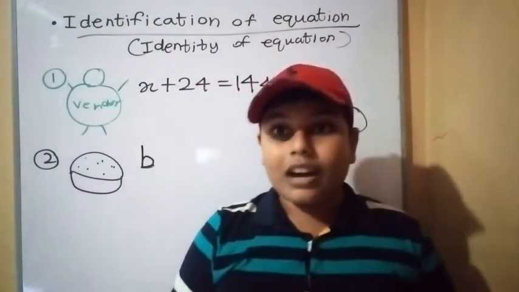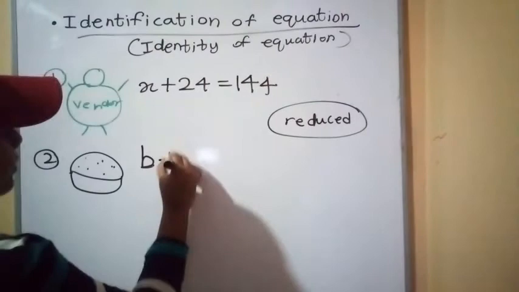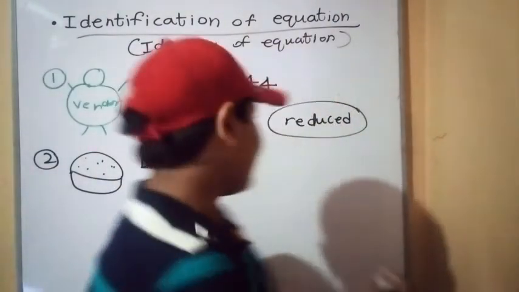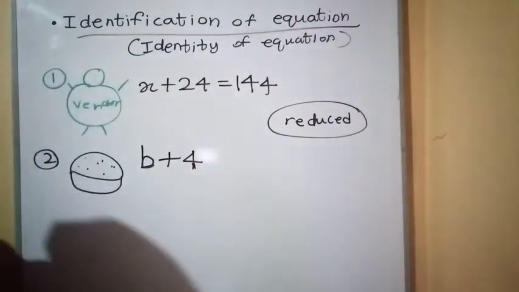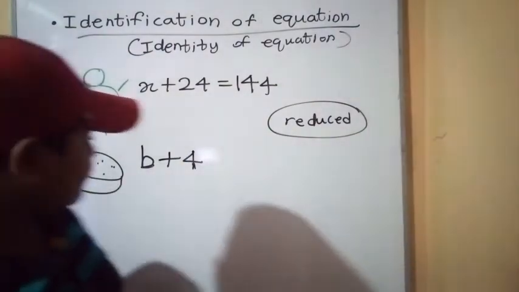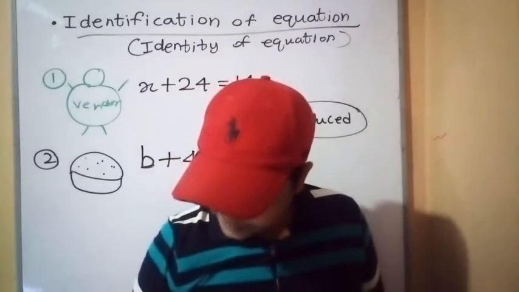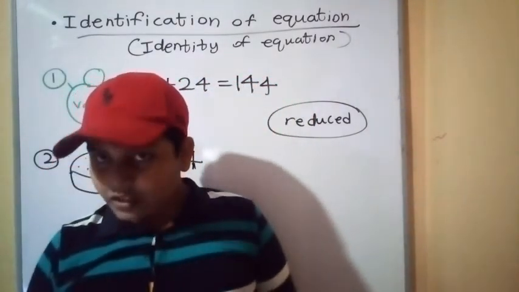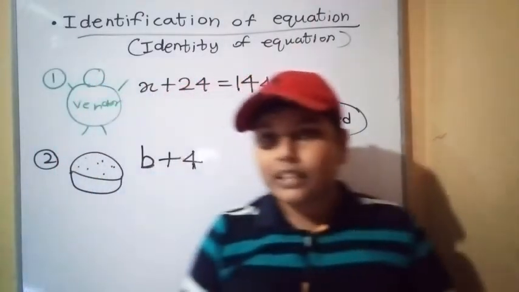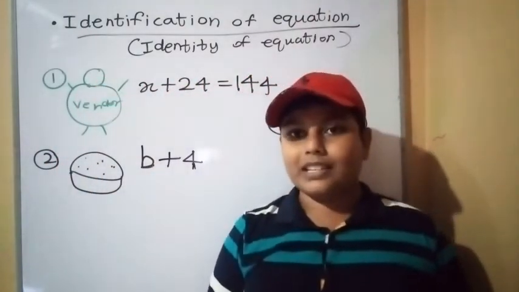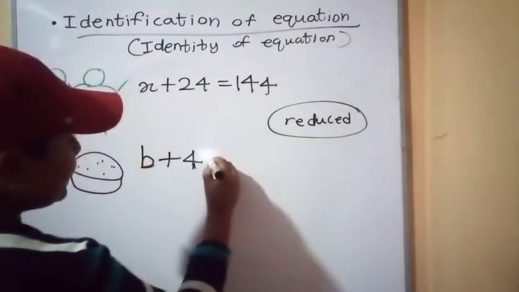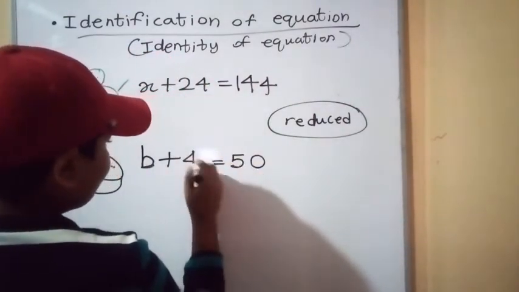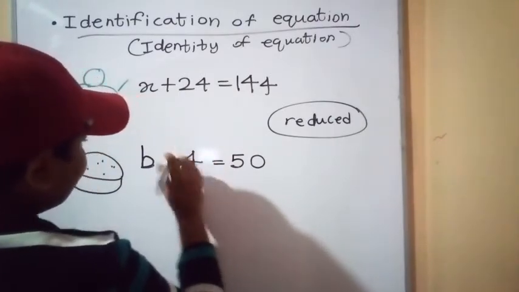Reduced by 4. The new price of the loaf is 50 rupees. Now in that situation you consider this as subtraction.